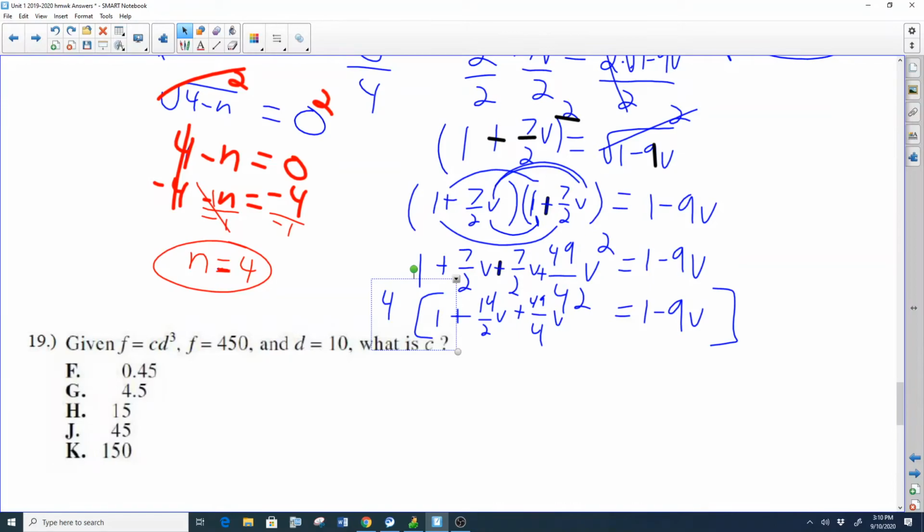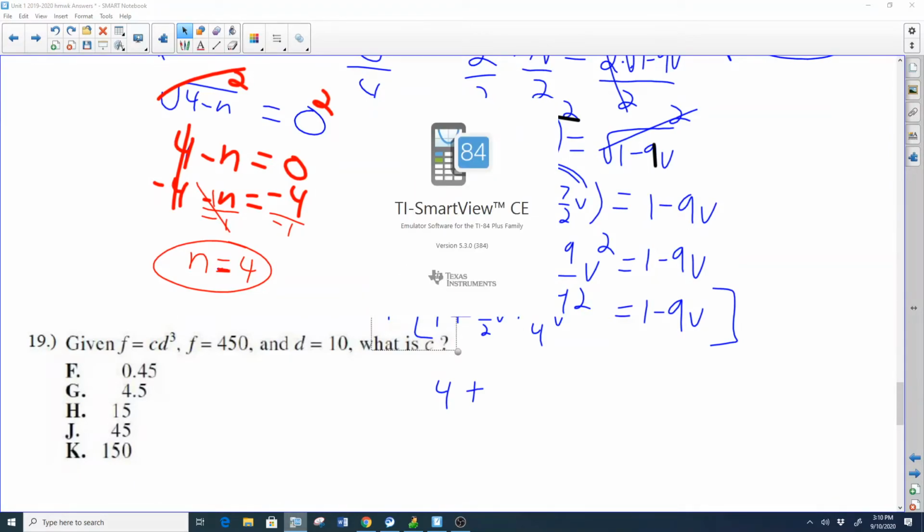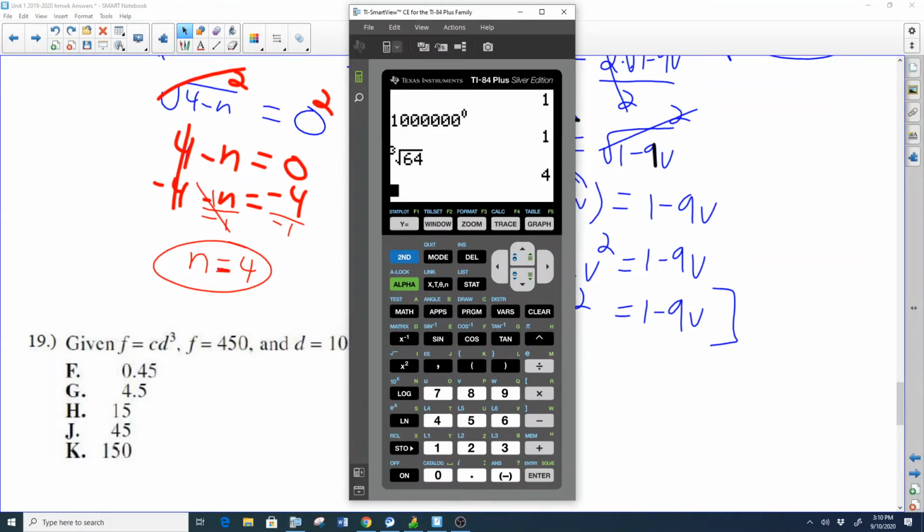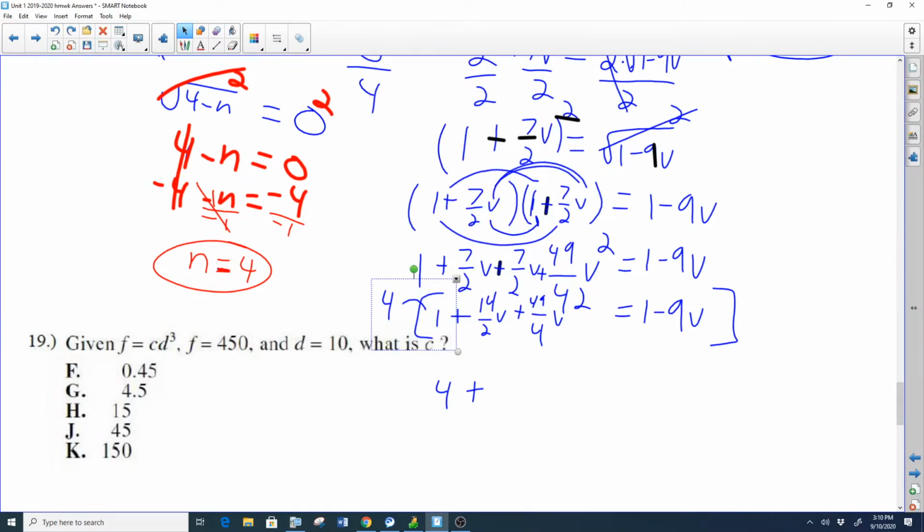Here we go. So 4 times 1 is 4, plus 14 times 4 divided by 2. So 14 and 14 is 28, 28, is that 56? So what I'm doing now is I don't like the halves or the fourths, and so I'm multiplying everything by 4, and that'll get rid of the fractions.